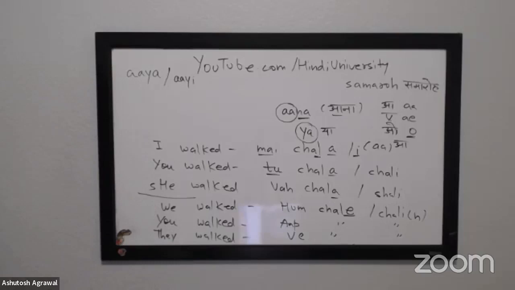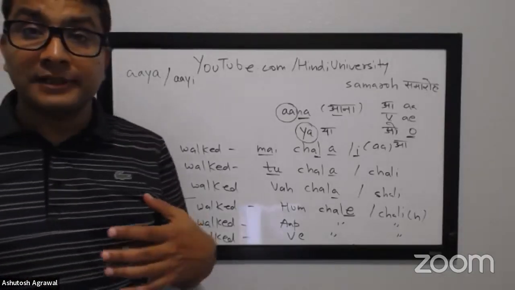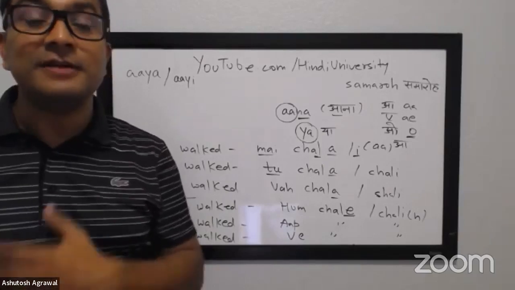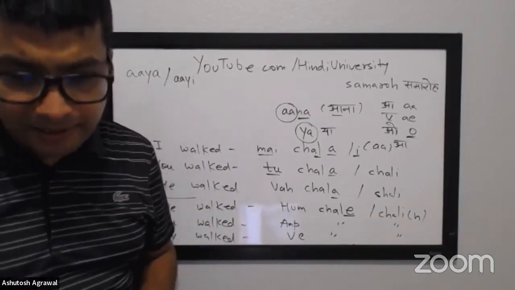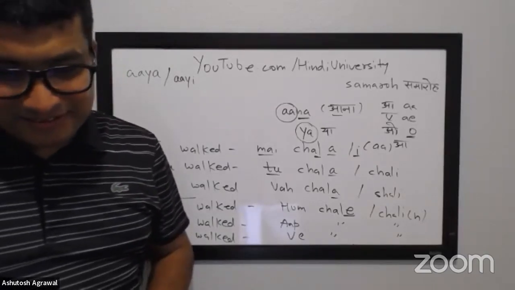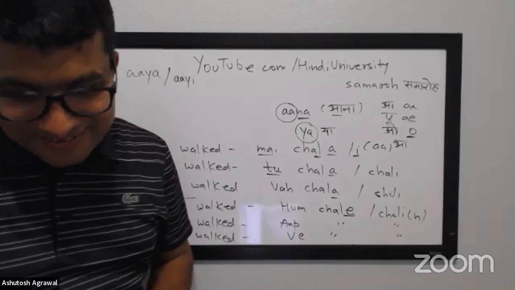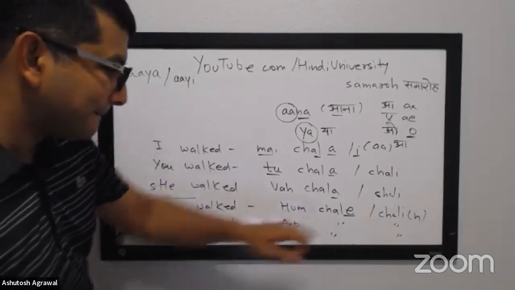We came. Let's say a group of you arrived in India, and you're saying, we came to India yesterday. Anita ji, how are you doing, Professor Anita? Very well, thank you. हम कल भारत आए. Beautiful, right?